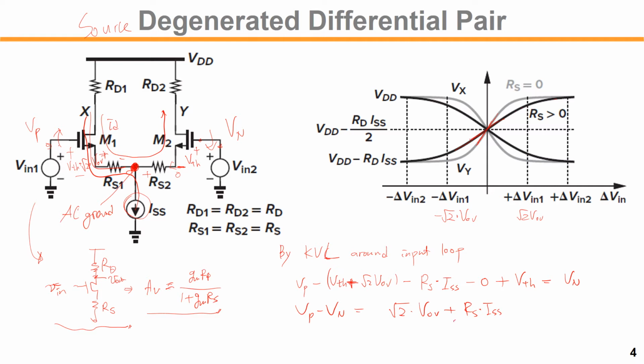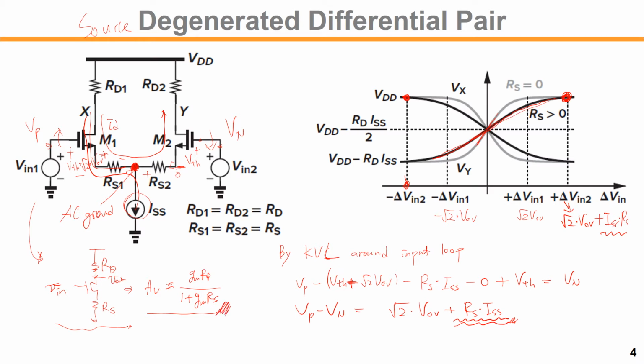If you look here, we have an additional term in that extreme case, so we have an extended input range by this amount, RS times ISS. So this clipping point, the maximum, would be square root 2 times the overdrive voltage plus ISS times RS. So we have an extended input range, but at the cost of reduced AC gain.